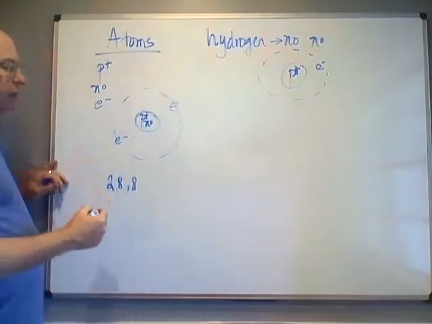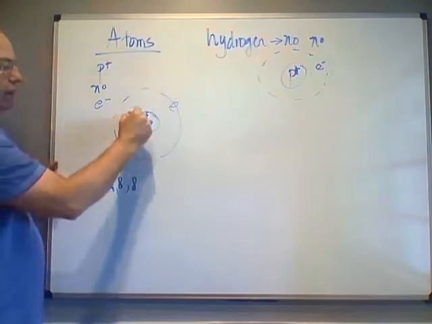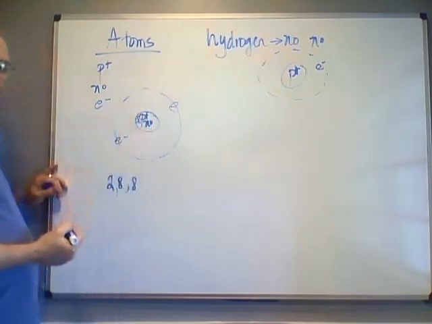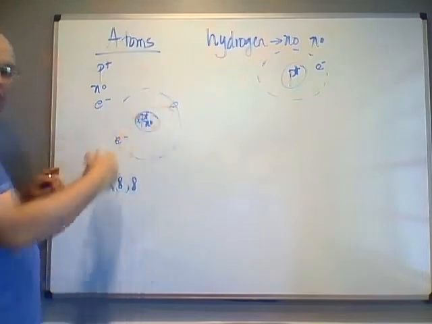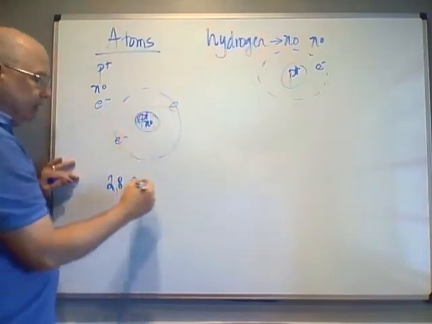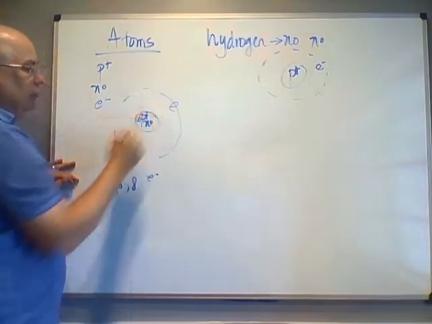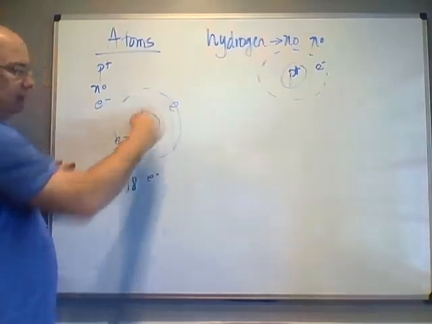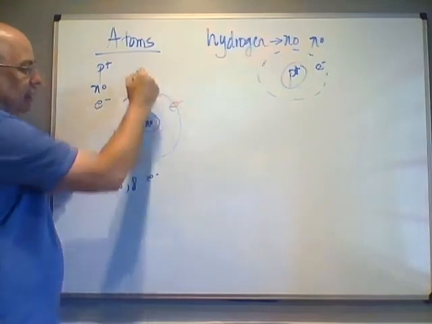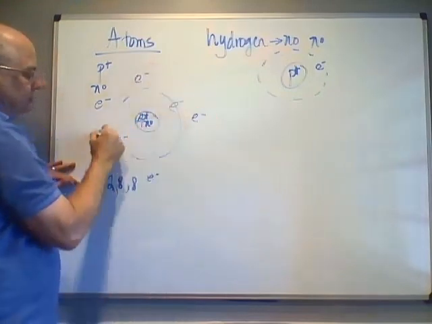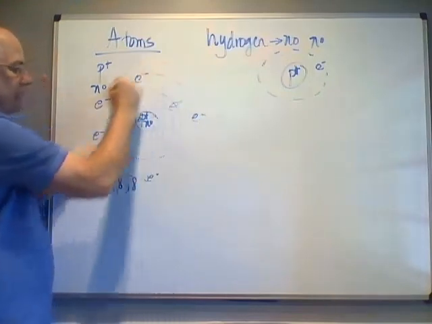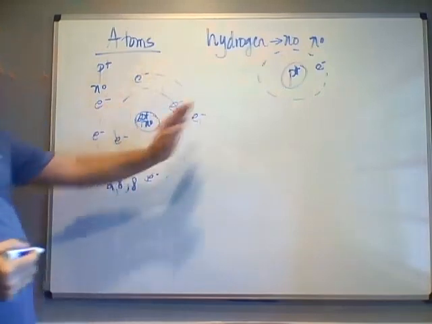For example, let's pick an atom that has 6 protons. It's going to have 6 electrons because atoms are electrically balanced, but only 2 of them can fit in the first orbital. Then I have to fit 4 more electrons in the next orbital. I could fit up to 8. Once I get beyond 8, I have to create a new orbital.